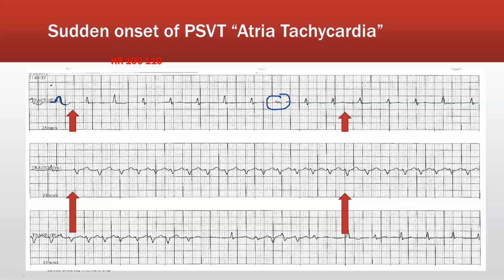I don't know if this is artifact or if it's actually because we have delays in conduction. For the most part, we're moving along pretty regularly. The red arrows are my 6-second strip. So I can see I have a heart rate of 1, 2, 3, 4, 5, 6, 7, 8, 9. So 90 to 100-ish, 100-ish to 110 if we count this non-conducted QRS. And again, I won't put any non-conducted QRSs on our exam.